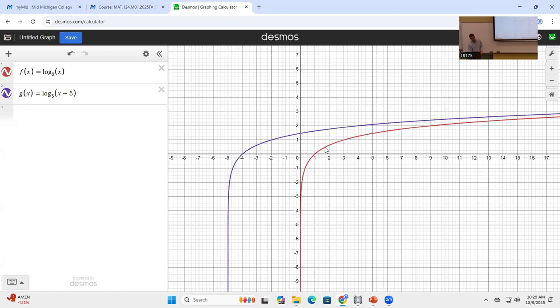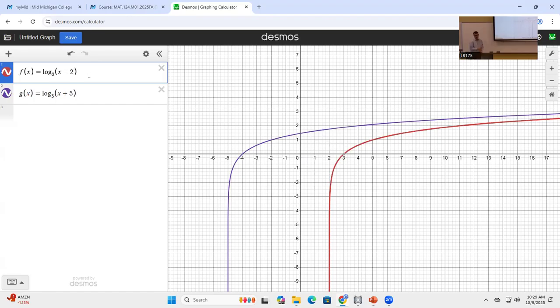Notice that the base 3 function has no y-intercept because that's where the asymptote is. Asymptote is at the y-axis. And if you think about shifting it over 2 units to the right, you're never going to cross the y-axis.